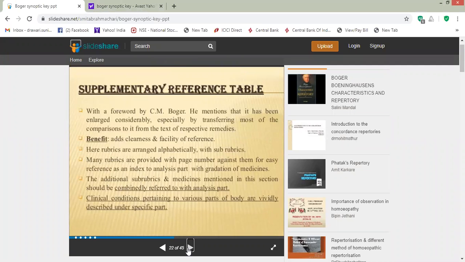Then the supplementary reference table. In the foreword by CM Boger, he mentions that it has been enlarged considerably, especially by transferring most of the comparisons to it from the text of the respective remedies.